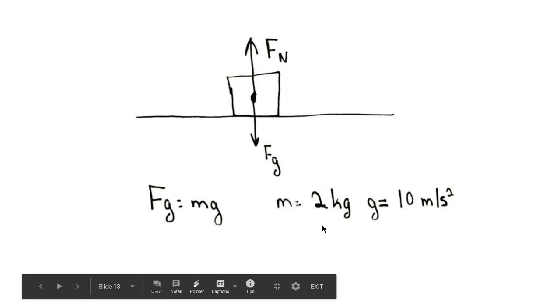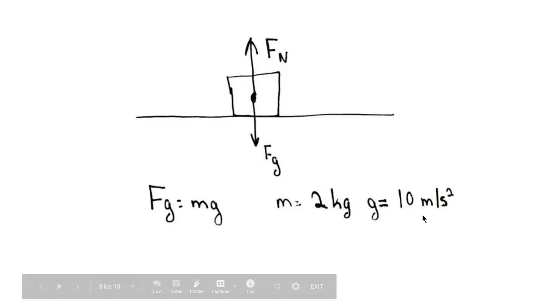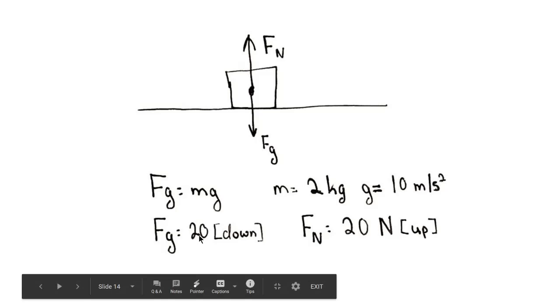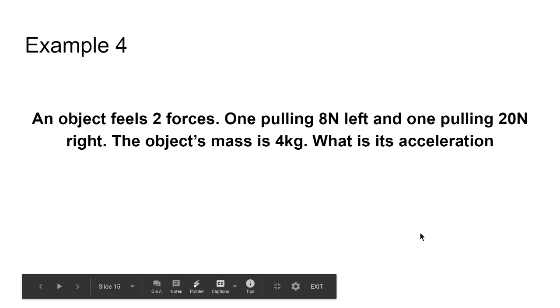We know our mass is 2 kilograms, and the gravitational acceleration is going to be 10 meters per second squared. So we plug it in, and we get the force of gravity equals 20 newtons going down, which means that our normal force, since it's going in the opposite direction, perpendicular to our surface, is still 20 newtons, but it's going up instead of down.